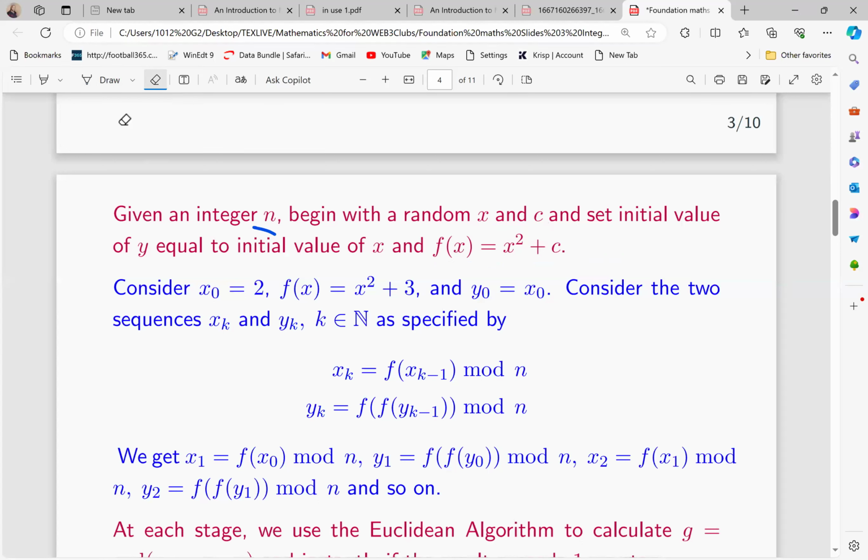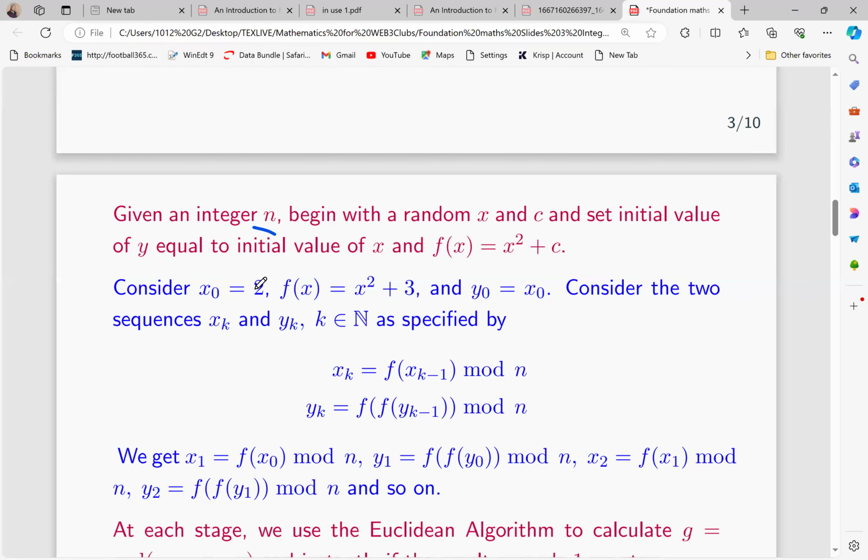This C here is just any constant. It can be 1, 3, 5, 7. I like using prime numbers for C, but just an integer will work.